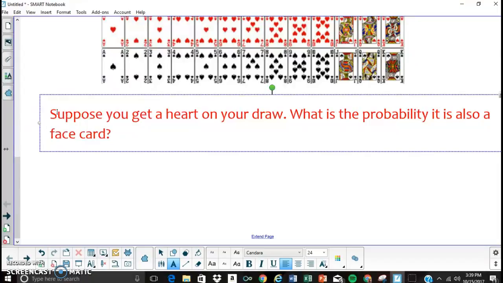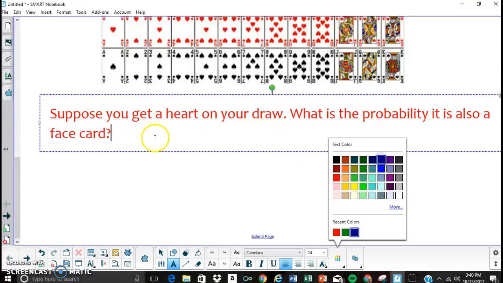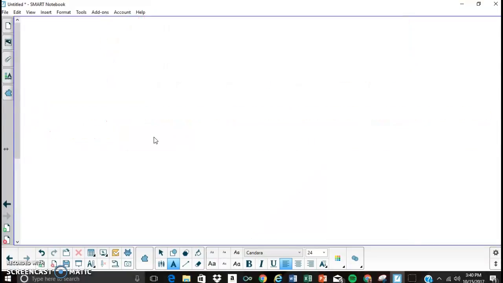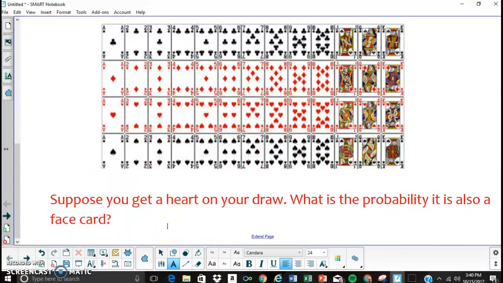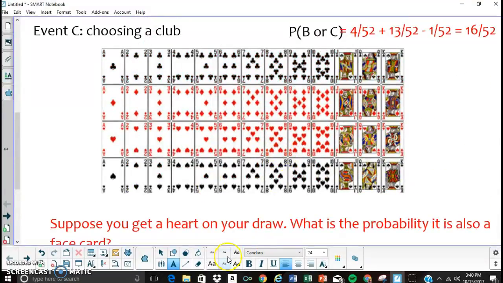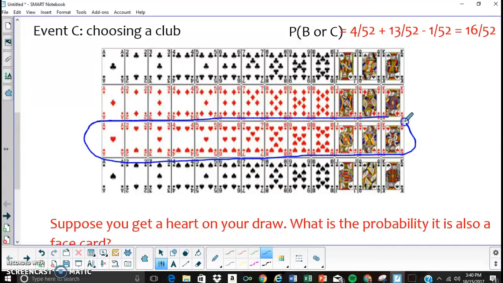Suppose you get a heart, and with all of those hearts, what's the probability it's also a face card? So when I'm looking at that, what I want to take a look at is all those hearts, which is this right here. And these are the three that are face cards.